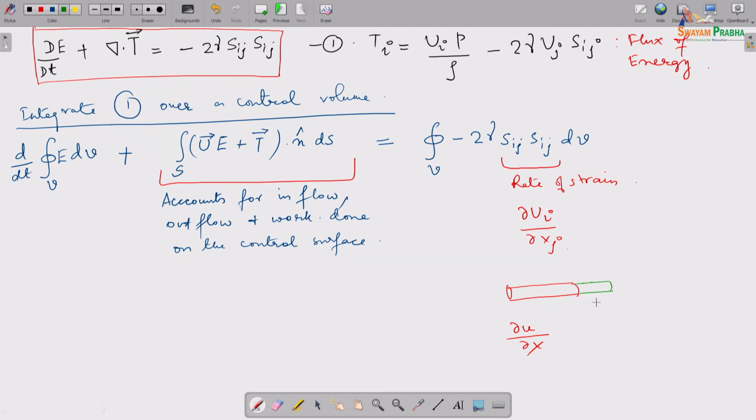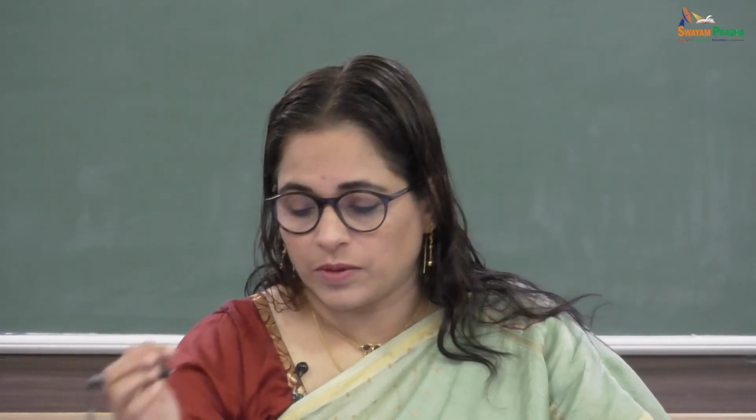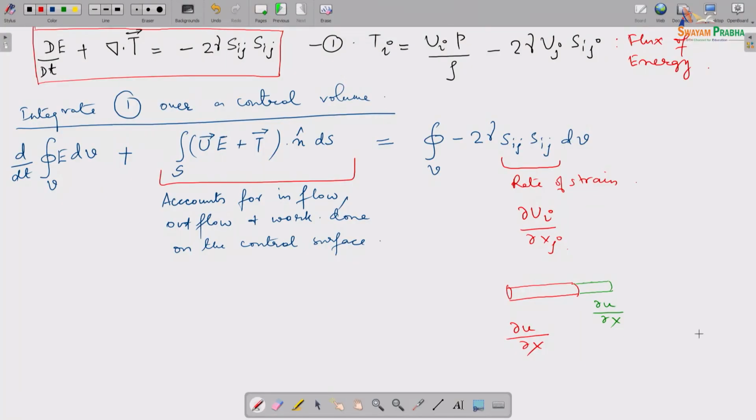So this is my del u del x, which is the change in u in the x direction. What if I needed del u del y? This could be like a stretching of that fluid element.